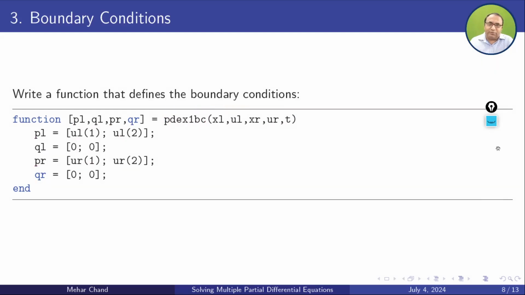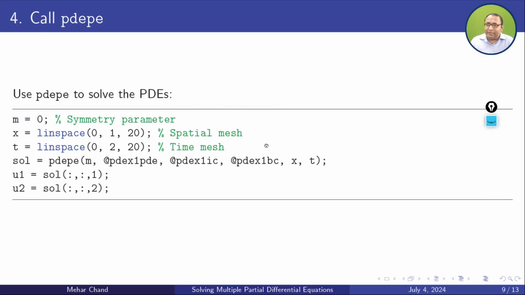We need to set the initial values and call the pdepe solver. Here the value of m is 0 due to the symmetry parameter, as in the earlier example, so there is no big difference. Here x goes from 0 to 1 with 20 points, which is the spatial mesh, and 0 to 2 with 20 points for the time mesh.